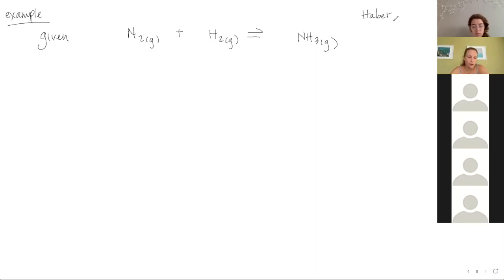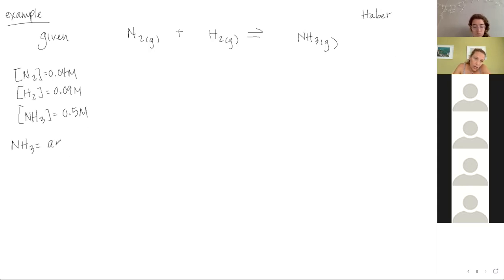Sometimes it's really common. So if we're given this, and then we have concentrations of nitrogen gas of 0.04 molar, hydrogen gas of 0.09 molar, and ammonia is 0.5 molar. So remember, NH3 is ammonia, and NH4 plus is ammonium.